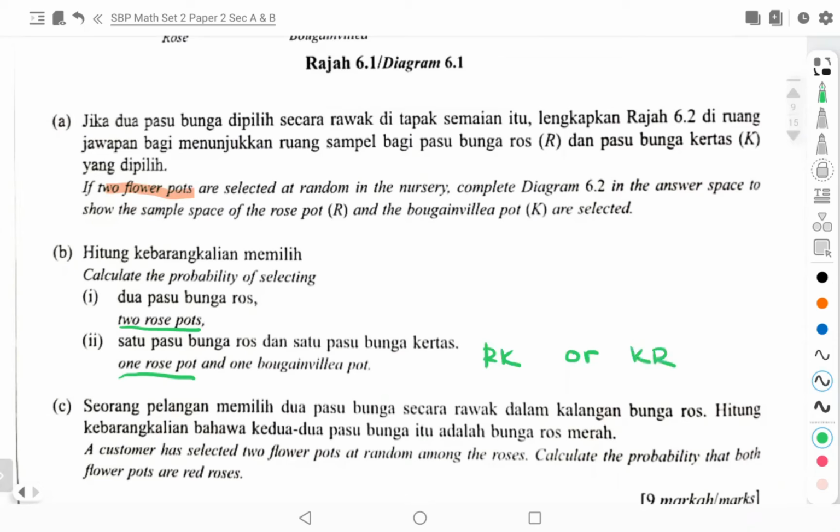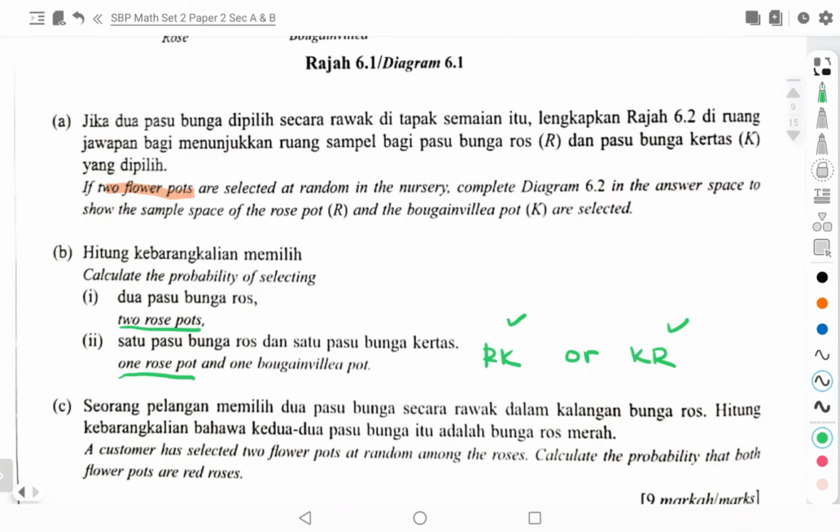Because it doesn't say that the first one must be rose and the second one must be bougainvillea. Either one can be rose, and the other one can be bougainvillea pot. So we can accept these two scenarios. For all of them, we need to add because both events can be accepted.